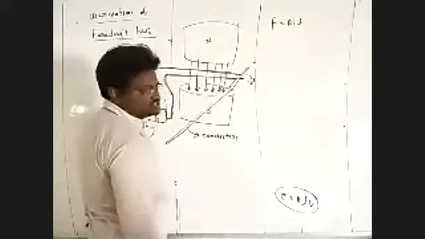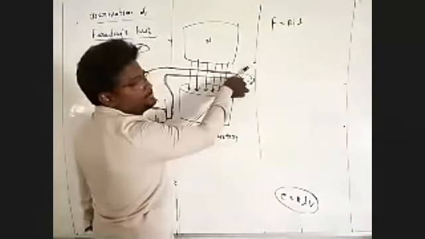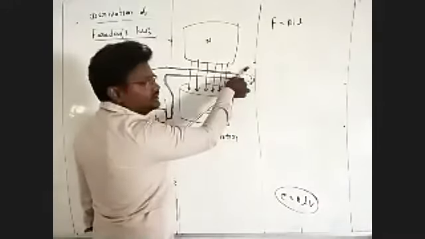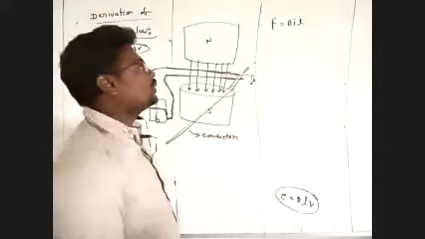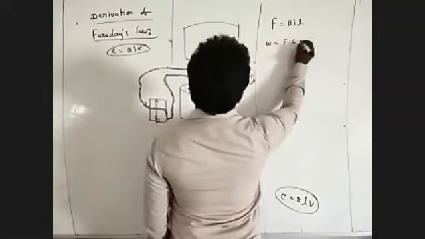The two conductors are parallel to each other, and this is one more connector placed on the parallel conductors. This connector should move in the rightward direction. What will happen? Work is equal to force into displacement.